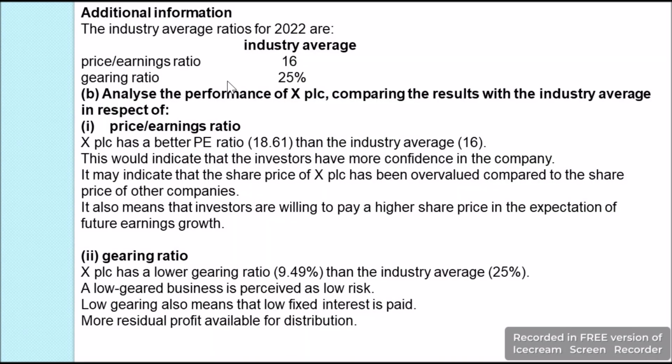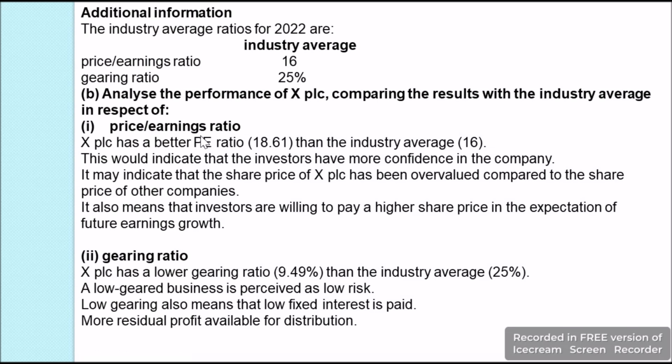Next we have additional information which states the industrial average ratios for 2022. This will be the benchmark for comparison, and we have price earning ratio as 16 times, and then the gearing ratio is 25%. In the requirement of the question, we are asked to analyze the performance of XPLC comparing the result with the industrial average in respect of first, price earning ratio.